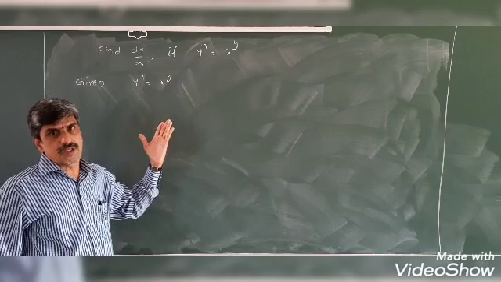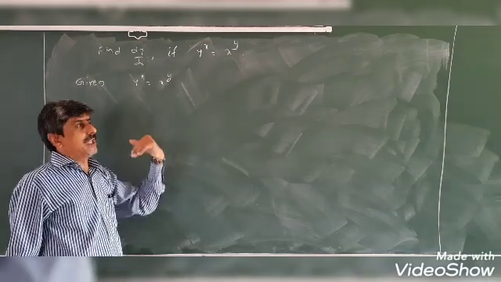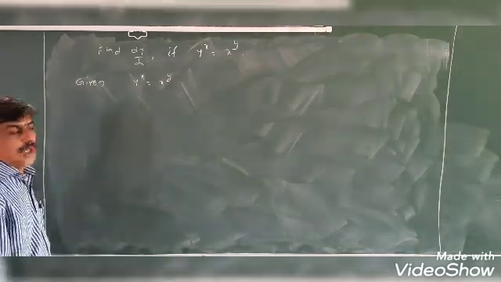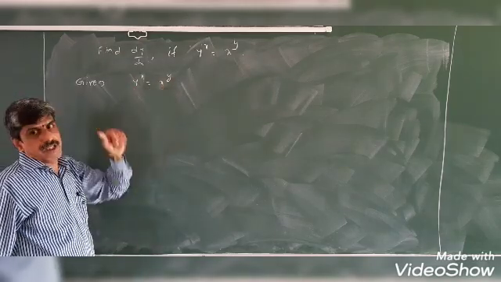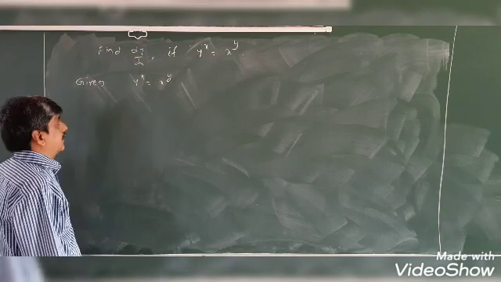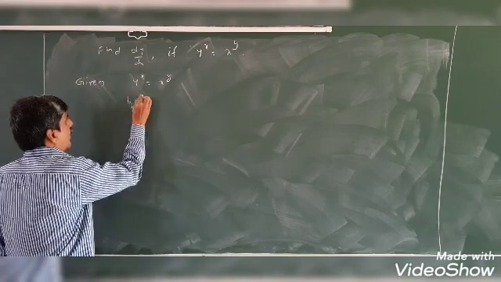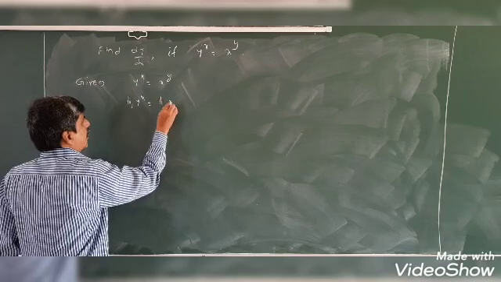So in previous problems we took substitution and only after that differentiated. But in this problem, we will take log on both sides directly. So log y power x is equal to log x power y.